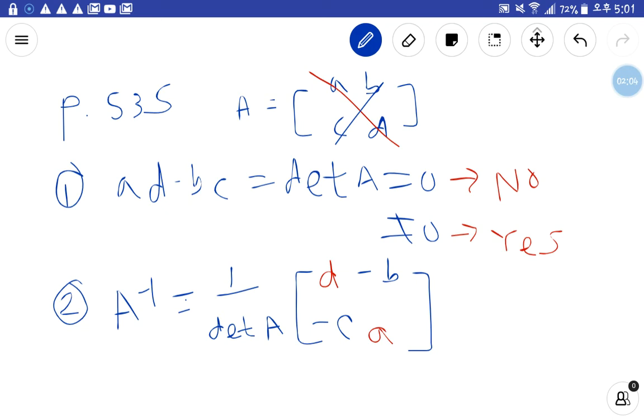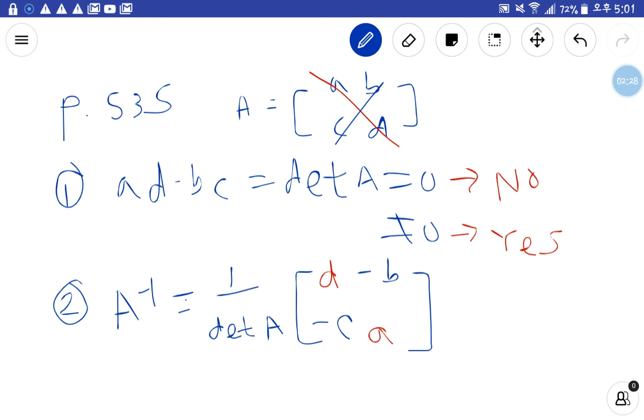There is more vocabulary on page 535, which is minors and cofactors. These are used when we find the determinant of a higher matrix, like 3 by 3 or 4 by 4. But in this lesson we're going to work only on finding the inverse of the 2 by 2 matrix. For 3 by 3 matrices, we just practice how to find the determinant only.